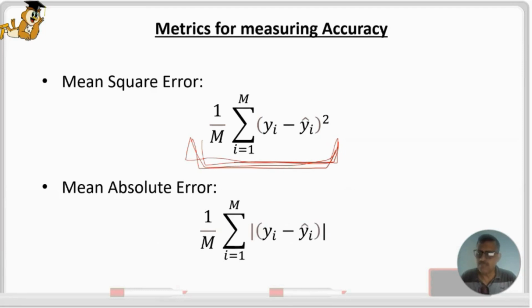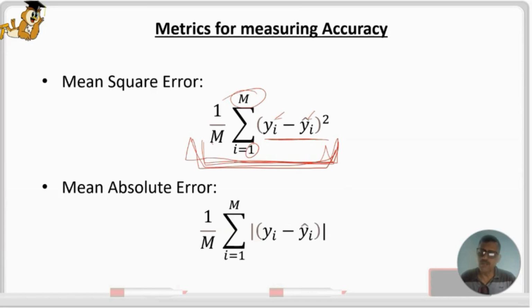And remember, this is happening on the training data. So on the training data, this summation goes from 1 to m, where m is the number of points in the training data. You essentially calculate the sum of the square errors, the error being the difference between the computed y and the observed y. So this is one metric for measuring how well your linear regression model is doing.